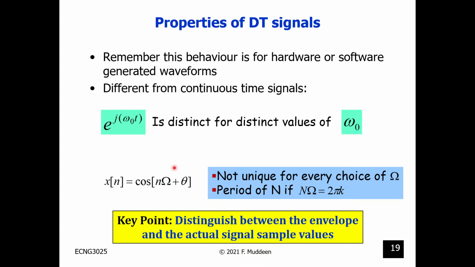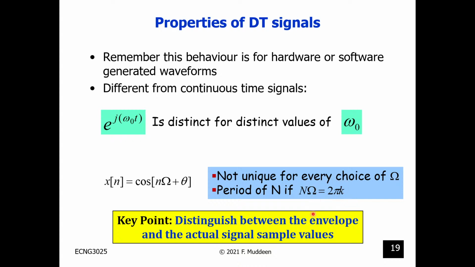And the reason we don't see this expanding and contracting property for hardware or software generated discretized time signals is because of that periodicity property we just observed: as such, the period of n capital omega needs to be equal to 2 pi k.